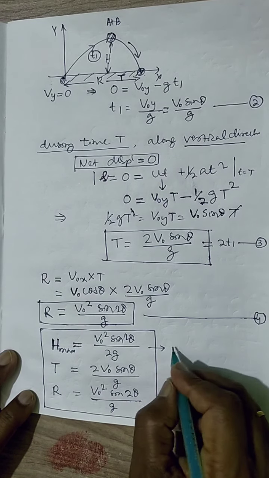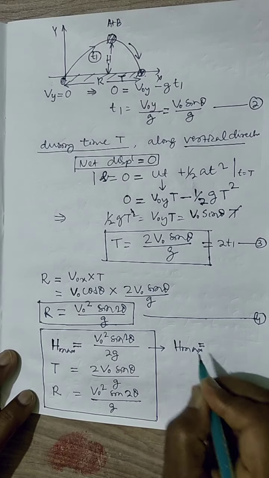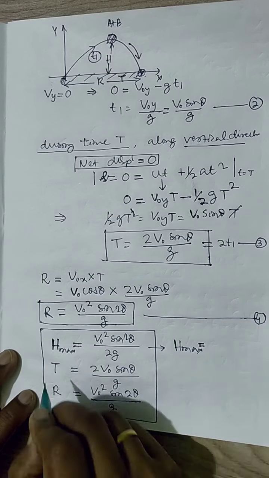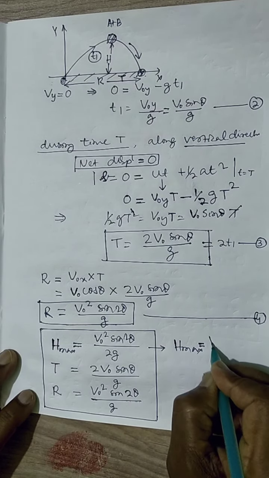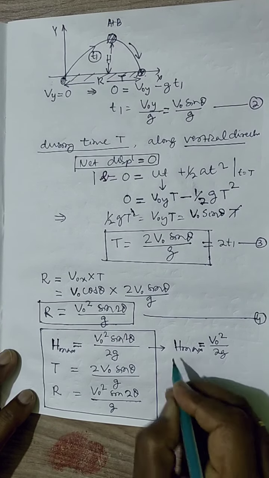From this we can find that H max has a maximum value when theta is 90 degrees, or it becomes v0 square by 2g.